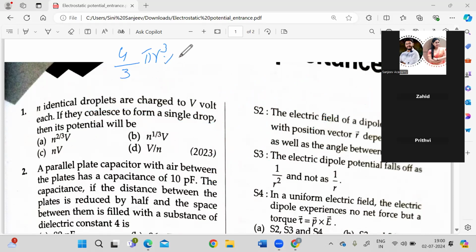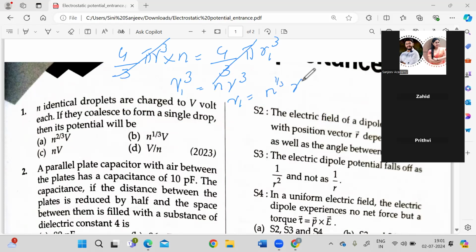N droplets are there, together forming a single big droplet, 4 by 3 pi r1 cube. I'm cancelling these two things, 4 by 3 pi. So what is my r1 cube? r1 cube is equal to n r cube. Taking cube root on both the sides, r1 is equal to n power 1 by 3 into r.